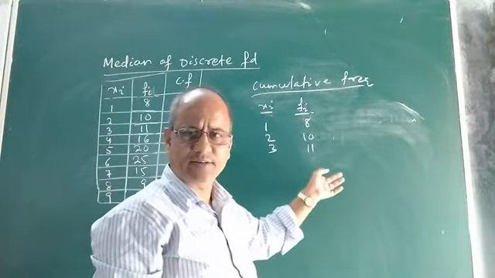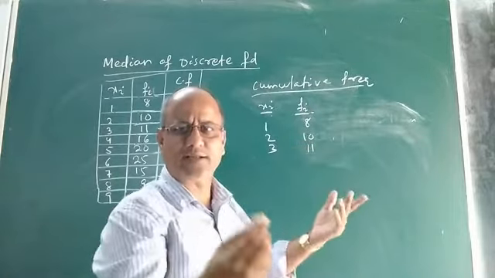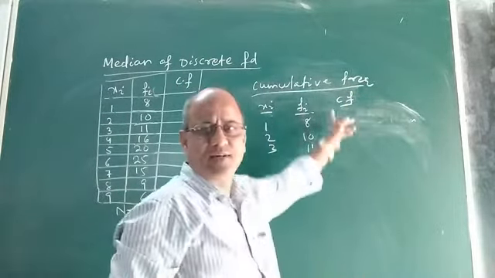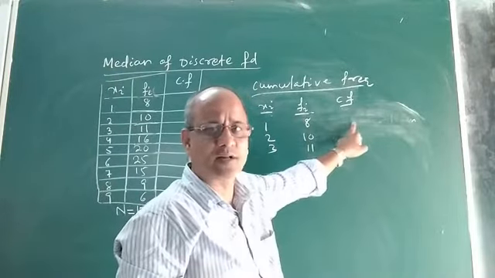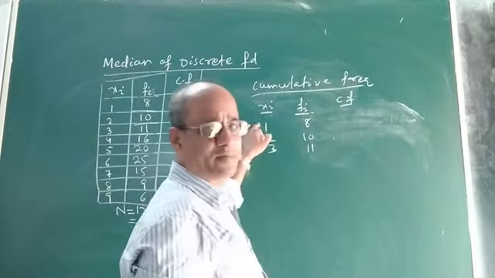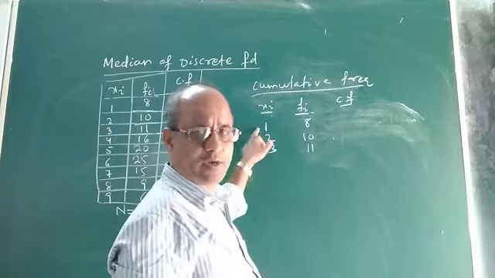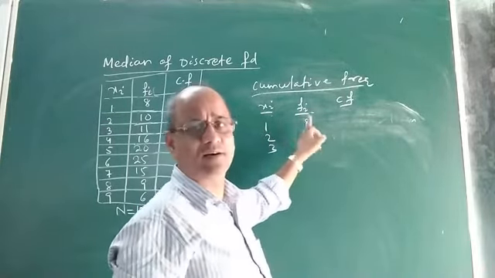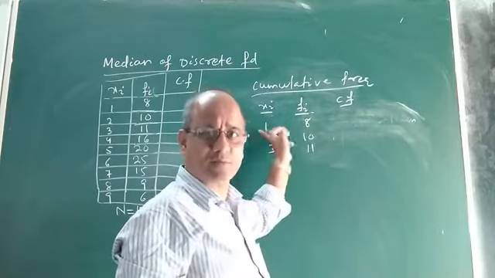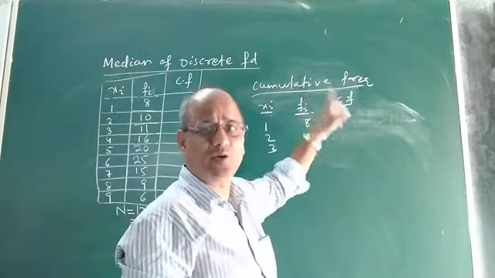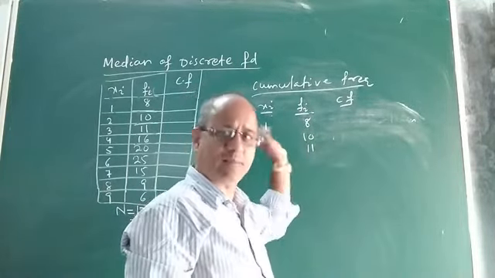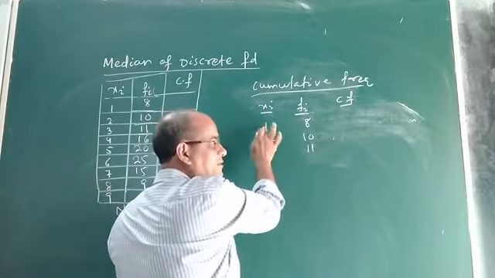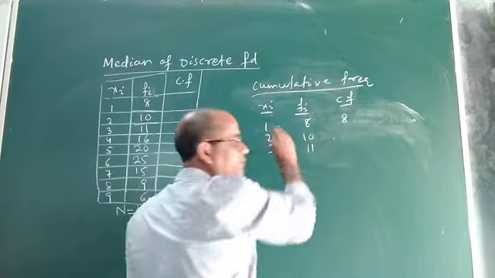Now, how to get the cumulative frequency? There is another column I am adding, CF, which stands for cumulative frequency. Now look at the first observation, xi 1. What is its frequency? 8. Whatever is the frequency of the first observation, that will be the cumulative frequency of that particular observation. That means if 8 is the frequency of the first observation 1, then 8 will be the cumulative frequency.